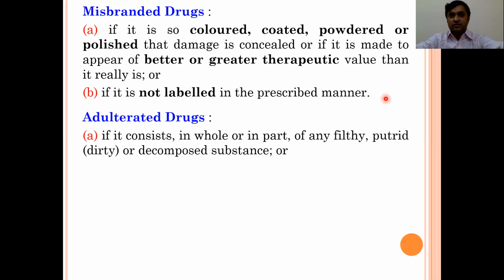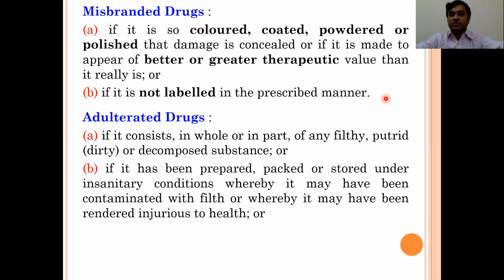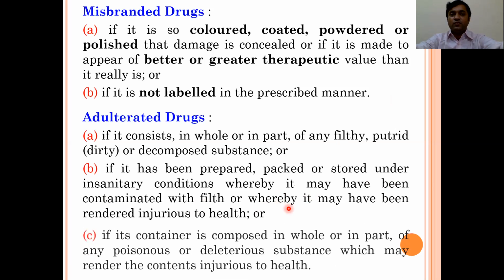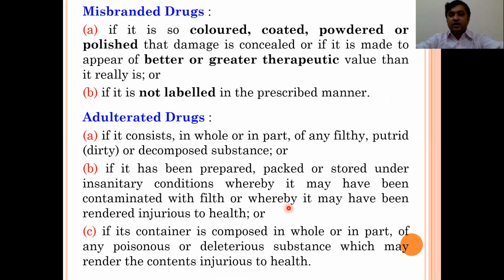Next, adulterated drugs. A drug is adulterated if it consists wholly or in part of any filthy, dirty or decomposed substance, or if it has been prepared, packed or stored under insanitary conditions and may have been contaminated or rendered injurious to health. Or if its container is composed wholly or in part of any poisonous or deleterious substance which may render the contents injurious to health.